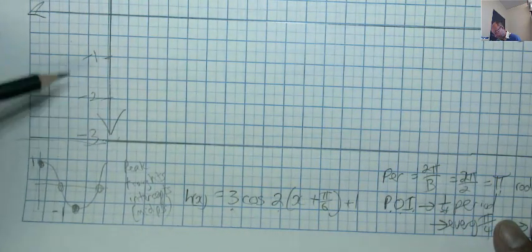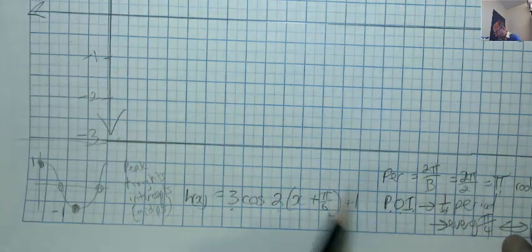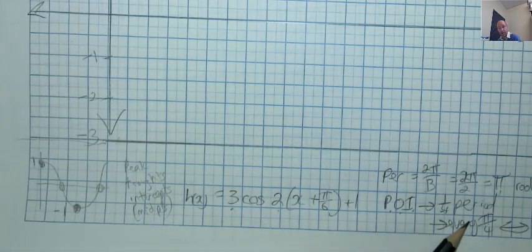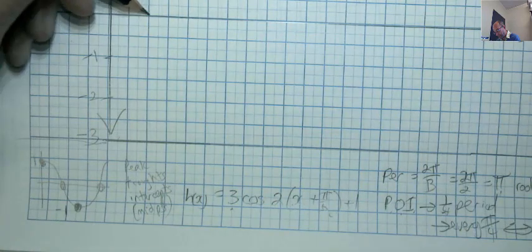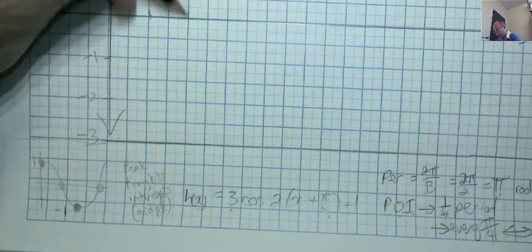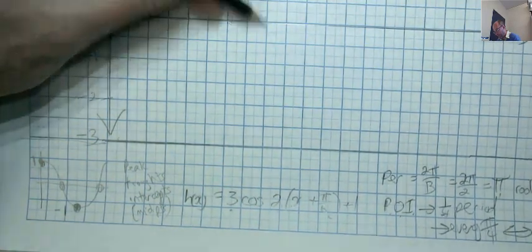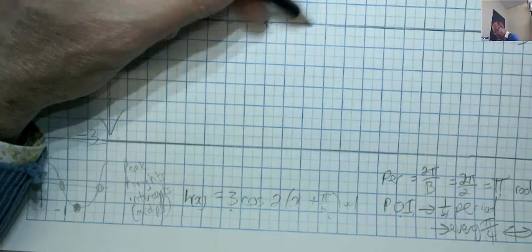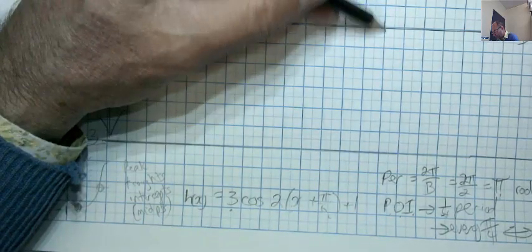So that means we've got every pi on 4. So if we look at that, 1 pi on 4, 2 pi on 4, 3 pi on 4, 4 pi on 4, 5 pi on 4, 6 pi on 4, 7, 8, 8 pi on 4.